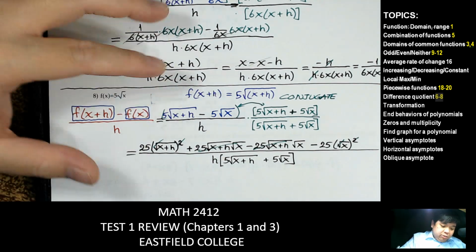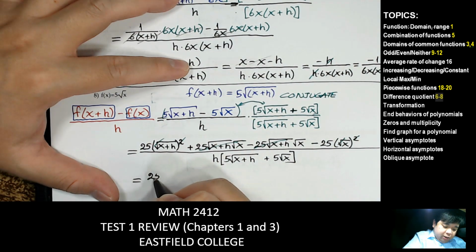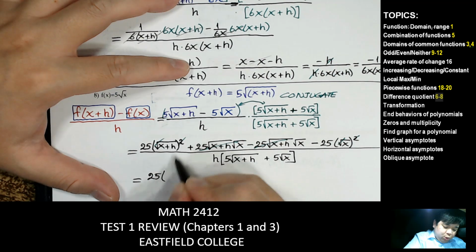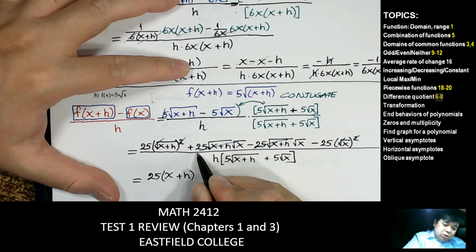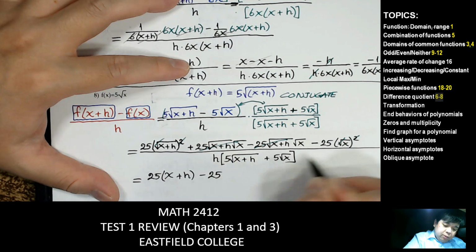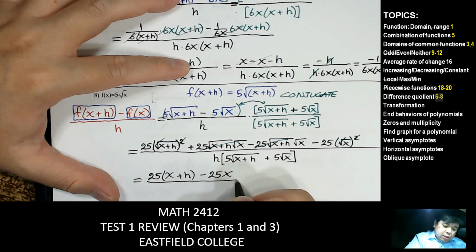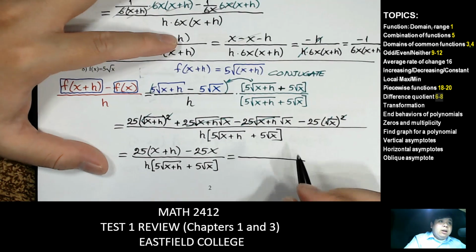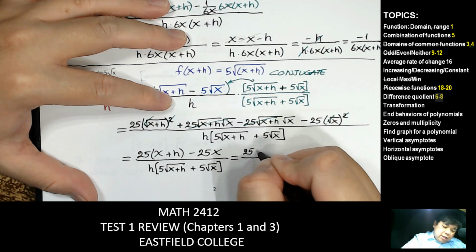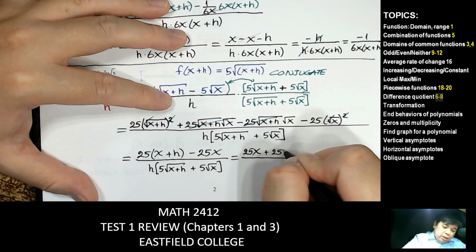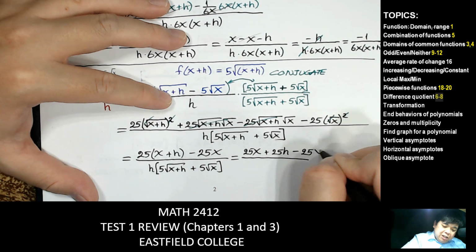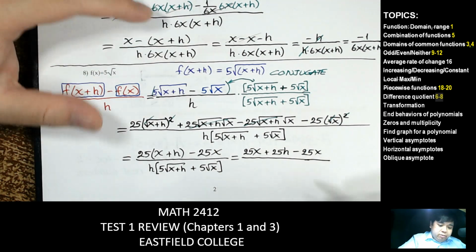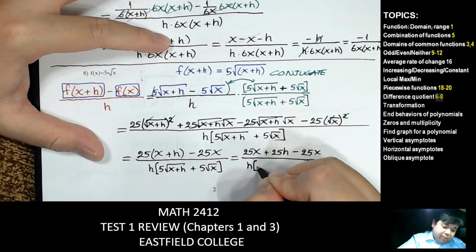Right, I'll simplify this. We have 25 square root cancel with the square, middle term gone, that's just x. Multiply it out, 25x, 25h minus 25x over the bottom, still the same.